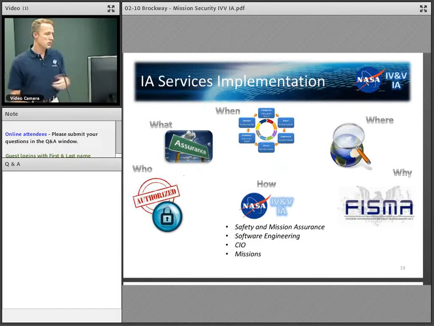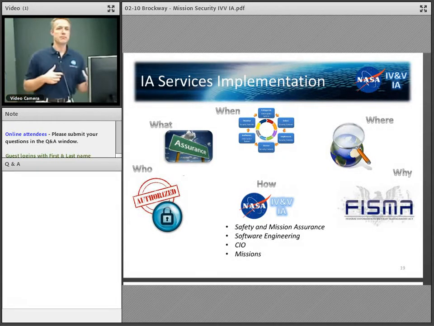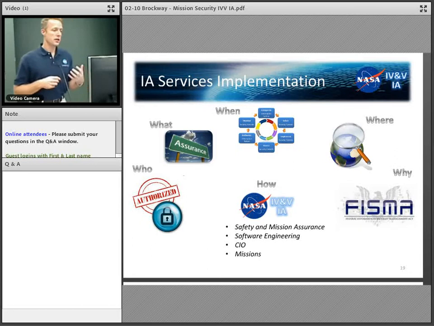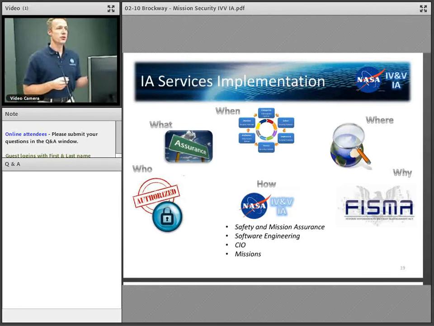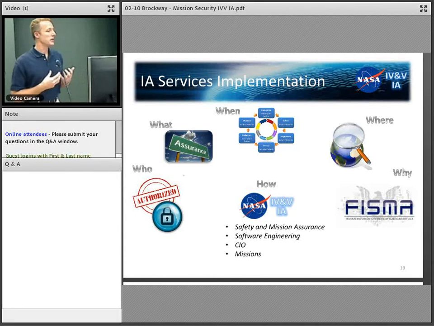So who is really, there's a variety of stakeholders. It isn't just helping the judge and jury make a decision in adjudicating what the risk level of a system is. It isn't just the program managers so that they can better understand the product and what's being delivered to them.